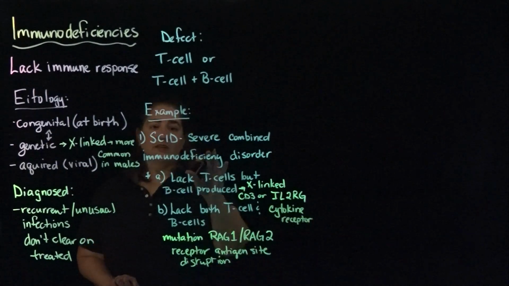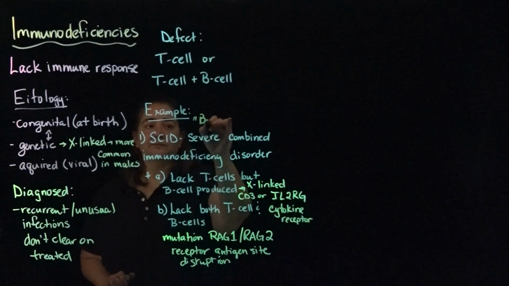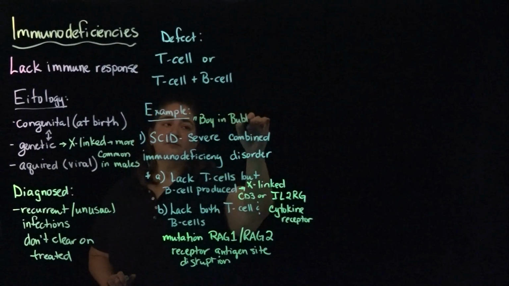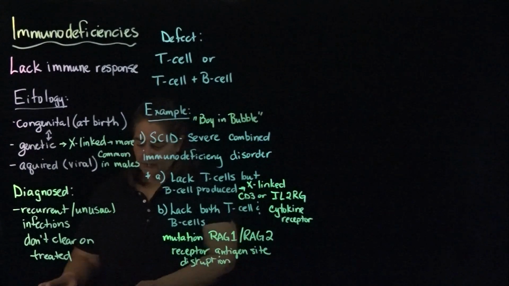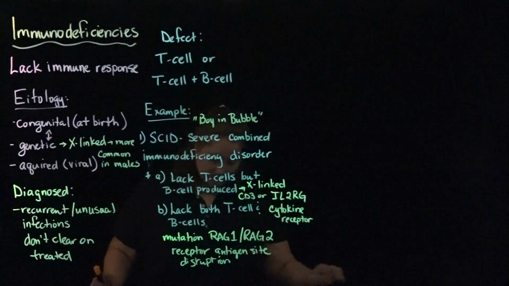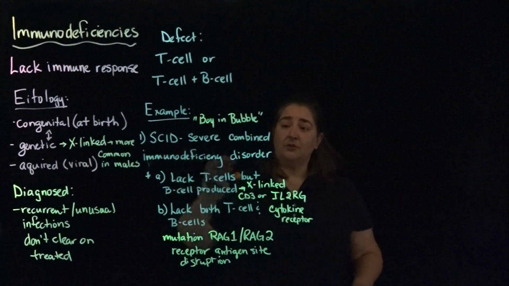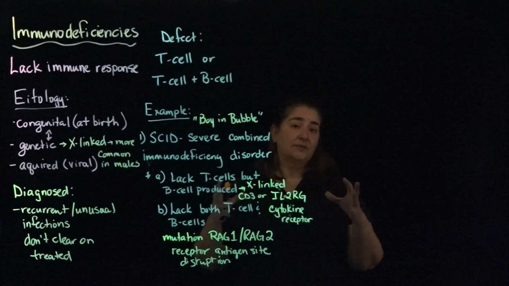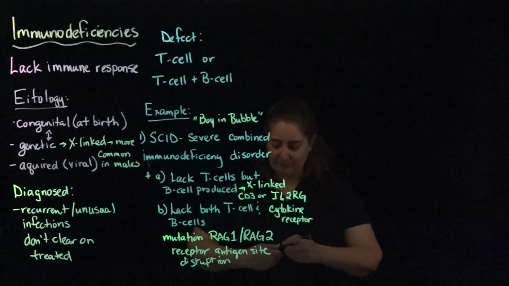All right. The severe combined immunodeficiency also is referred to as the boy in the bubble disease. There was a child in the 1970s who was born with severe combined immunodeficiency disorder, and they literally kept him inside of a bubble for the vast majority of his life, okay?